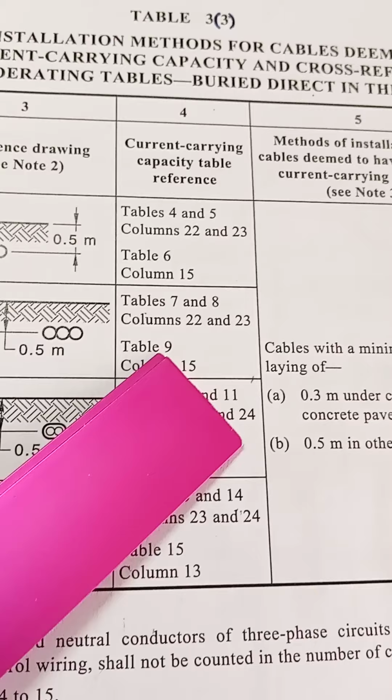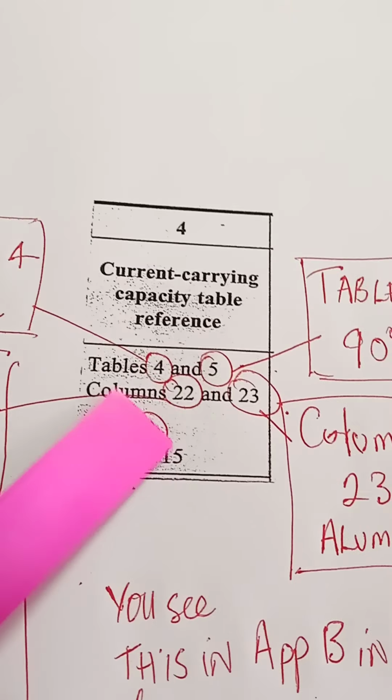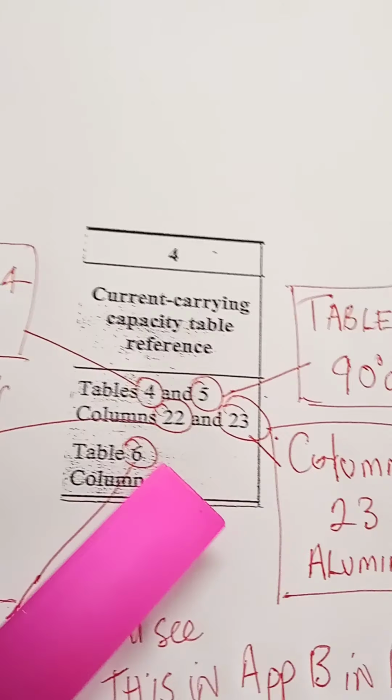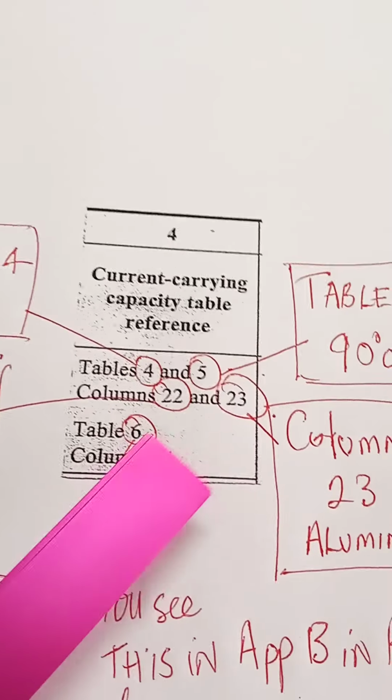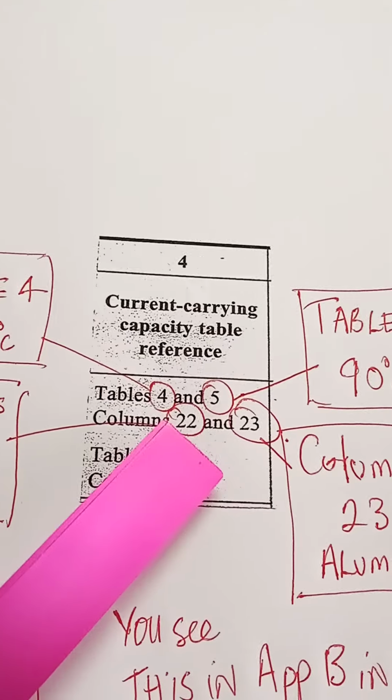So what I'm going to do is break down what this information means by coming over to this little handout I've made. In that column 4, that information is all the same, not by table numbers, but the way it's laid out. The first table is for 75 degrees. The second table for 90 degrees, which is table 5, and table 6 is for 110.